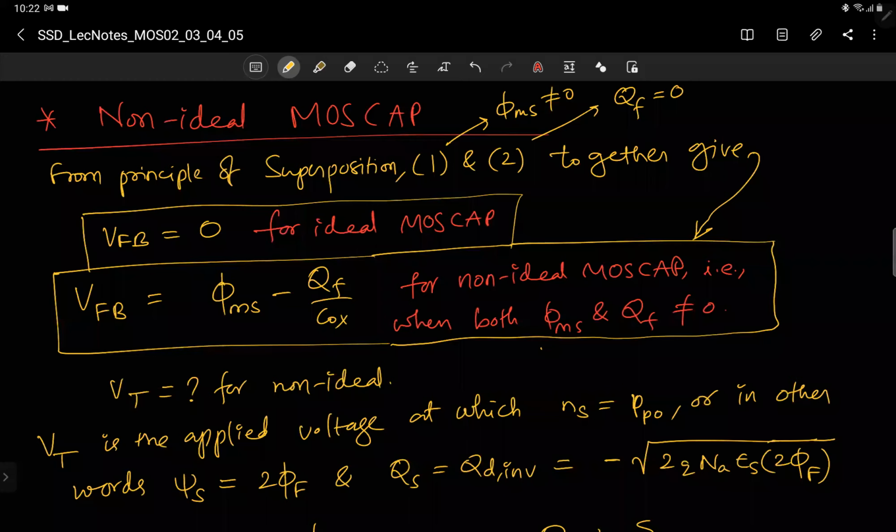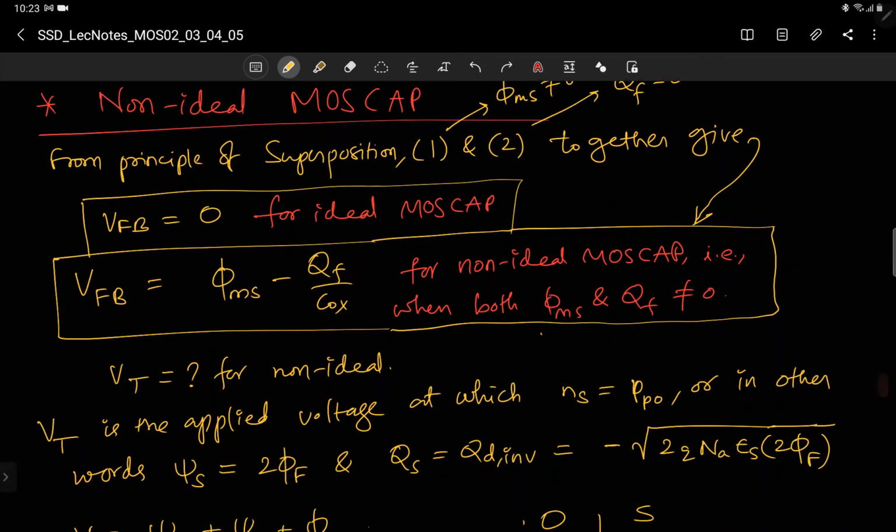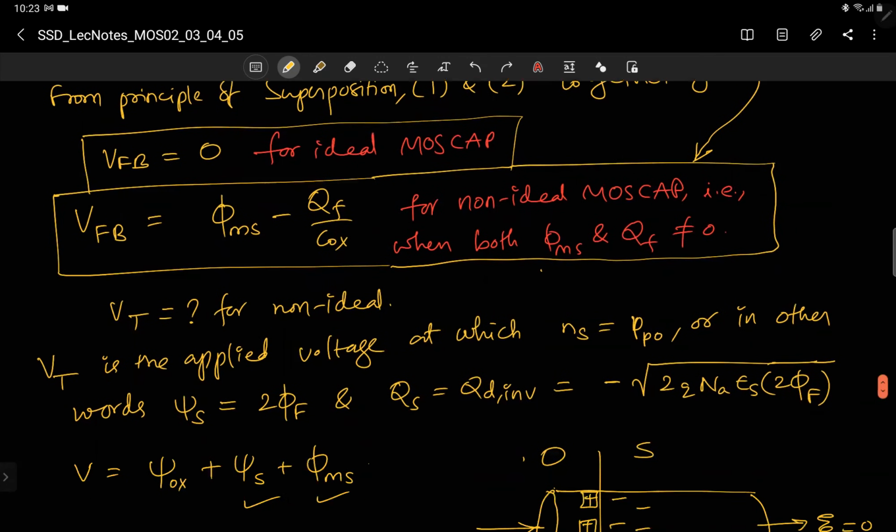VFB equal to phi ms minus QF by Cox, we just added them both, if both phi ms as well as QF are not equal to 0. The first contribution is phi ms not equal to 0, and the second contribution is QF not equal to 0. And what is VT? That's what we have to see now.